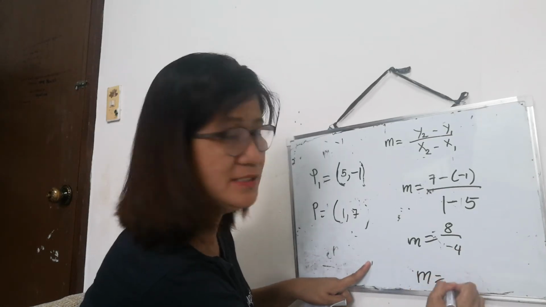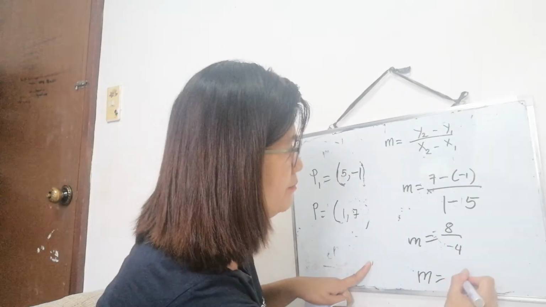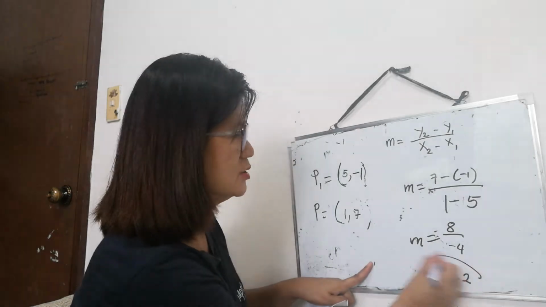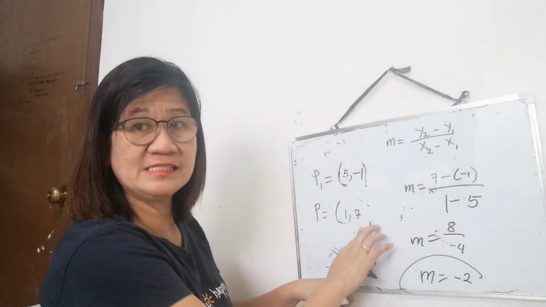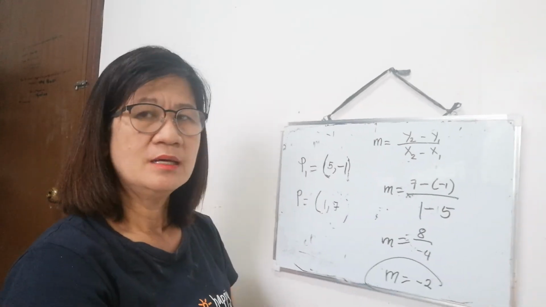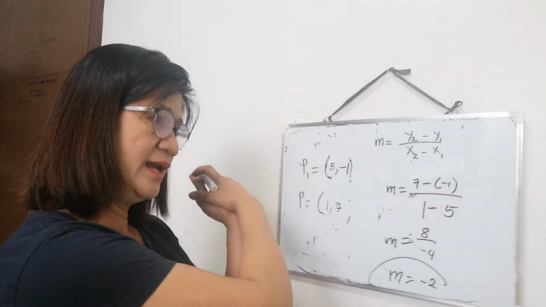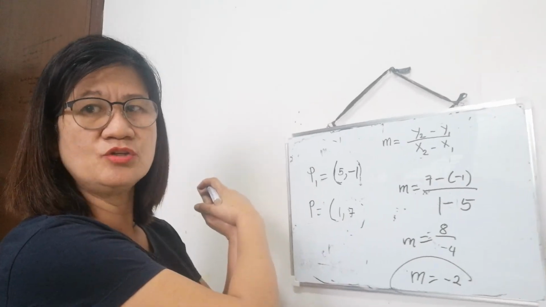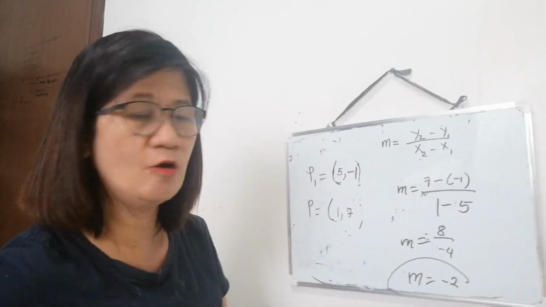And our final answer, our slope is negative 2. Okay? So the slope of this line is negative 2. Kung ipa-plot natin yan sa ating Cartesian plane, dito siya sa kaliwa nakahilig, nakaslant, no? Slanting to the left, it has a negative slope.